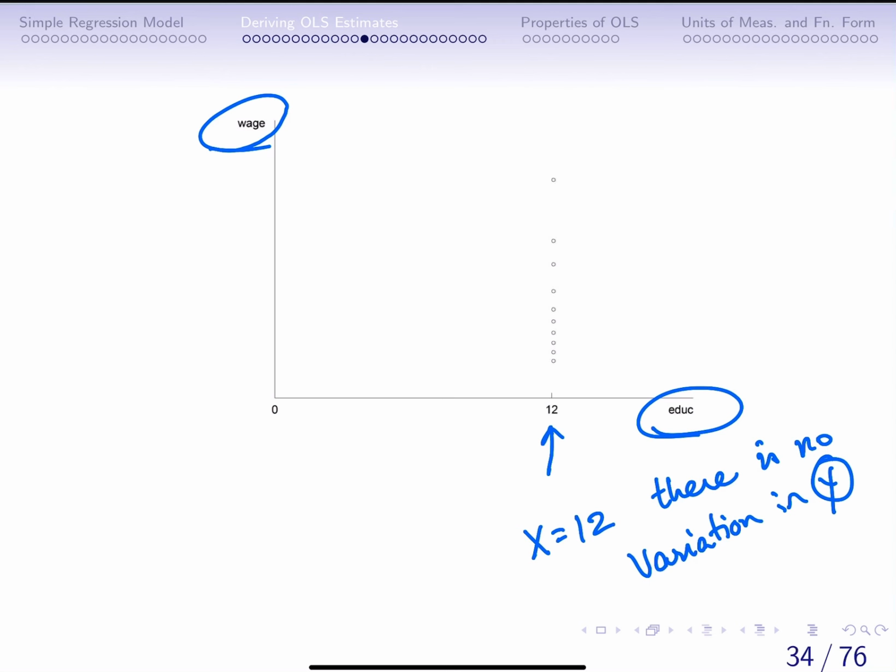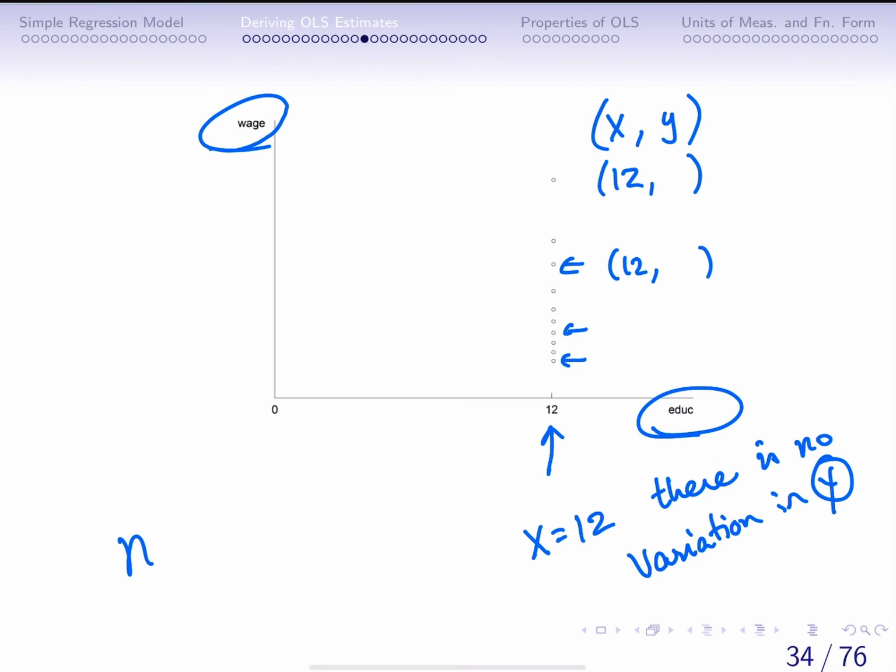You see all of these different points; if we were to write down the coordinates, you're going to find that it's always going to be 12 years of education and some value of y. Here also, this is 12 years of education and some value of y. This is x comma y. And you're seeing that there is absolutely no variation in x, I'm sorry, here this should be x. There is no variation in x.